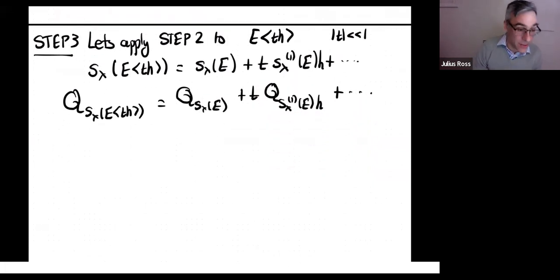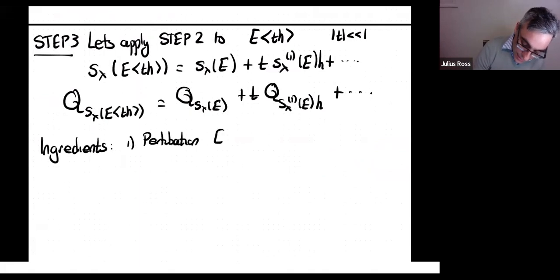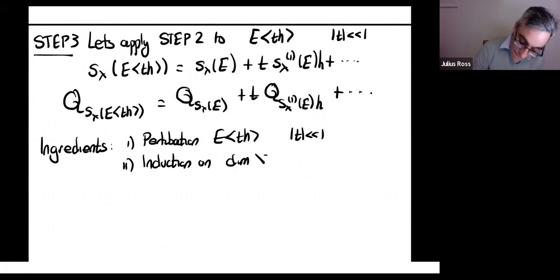So the ingredients of this step 3 are to do the following. The first is you do perturbation, E of TH, let's say T is small. The second is you've got some sort of induction on dimension of X. And as I said, it's not a general statement that if you have bilinear forms of this particular kind and you understand their derivatives, then you can augment from the weak Hodge-Riemann to the Hodge-Riemann property.